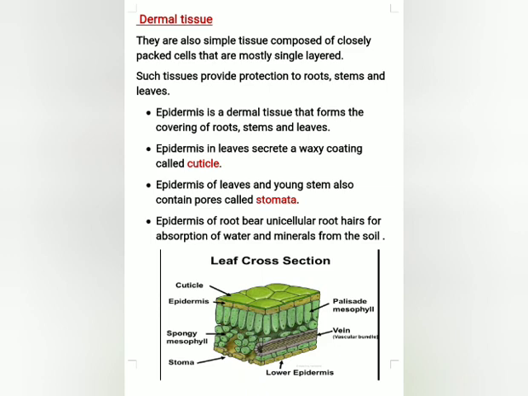In leaves, it secretes a waxy coating called cuticle, which helps the plant to retain water and prevents it from drying. It also contains tiny pores called stomata that help in the exchange of gases between the plant and its environment. In roots, epidermis helps in the absorption of water and minerals from the soil.